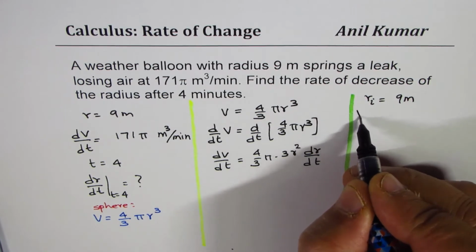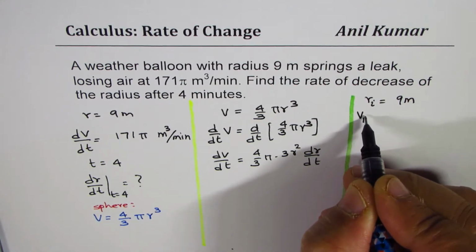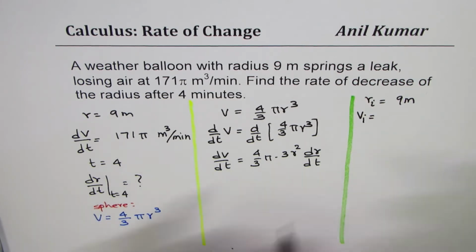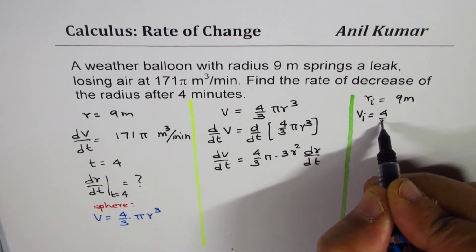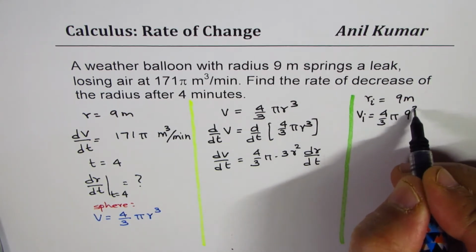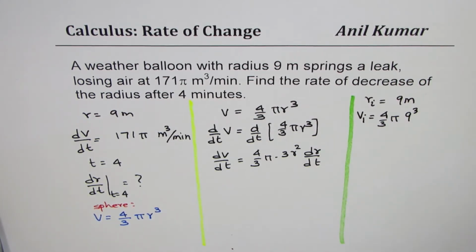So let's find initial volume using this formula, 4 by 3 pi r cube. So 4 by 3 pi, r is 9 cube. Is it okay? Let's calculate this.